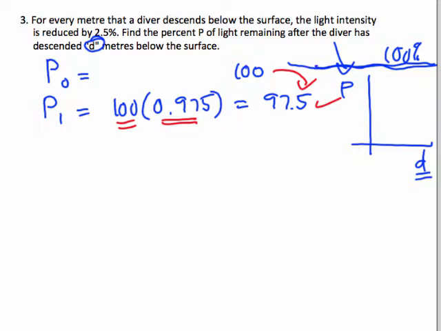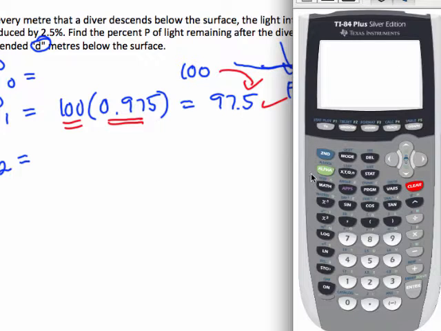And I say that because as we go down 1 more meter, let me just pull the calculator out here. I am going to have my starting amount of 97.5% light, and I'm going to lose 2.5% of it. In other words, I'm going to have left 97.5% of what I had before.